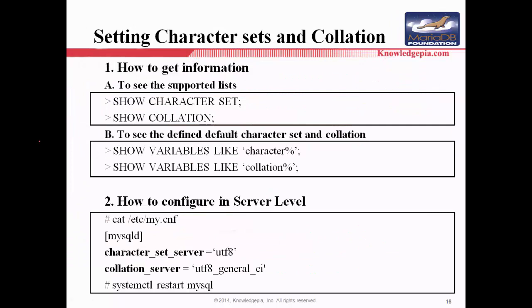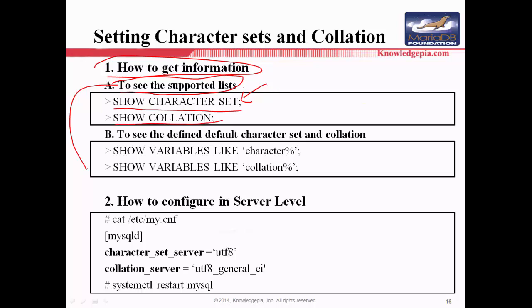Setting character set and collation. Number one, how to get information. If we want to get information about your character set and collation, then we can use these commands. First one, to see the supported list, in the database we can use SHOW CHARACTER SET. Then this will show many kinds of character sets supported by this database system.